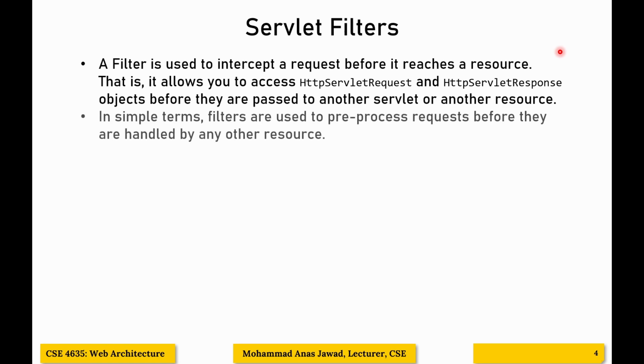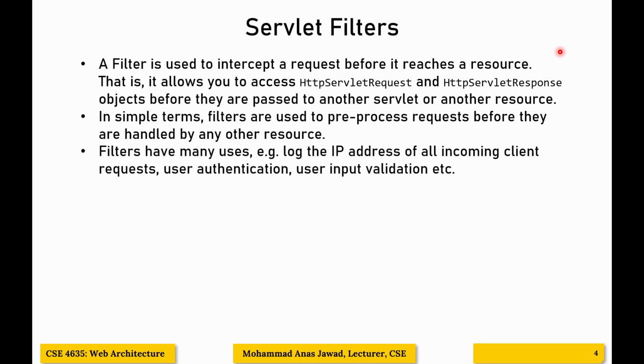A filter allows you to perform some kind of pre-processing on your requests before they are handled by any other resource. Filters have many uses. For example, they can be used to log the IP addresses of all incoming client requests. They can be used for user authentication, user input validation, even things like data compression, image conversion, and so on.